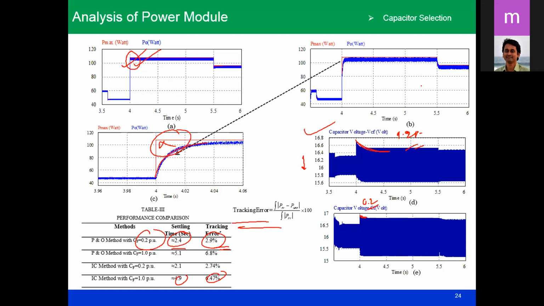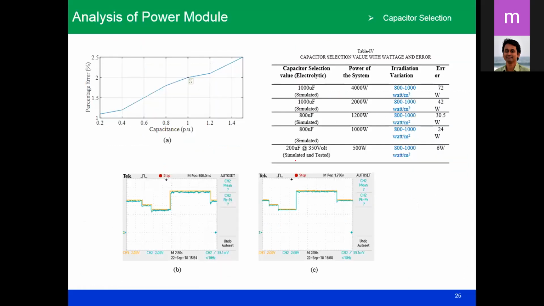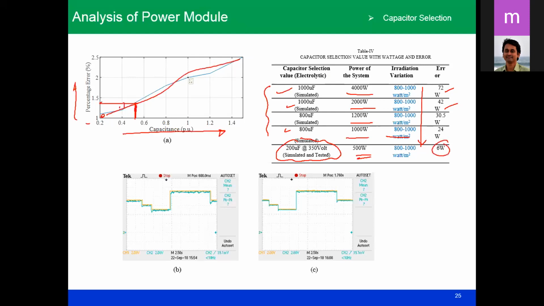So you see that if you increase the capacitor value, the percentage error is basically increasing. Theoretically it is 0.2, but practically, as I already told, it should be 0.6 or 2.6. This is the best region you have to select, so that your performance can be improved. So these are some results based on the perturbation and the tracking.